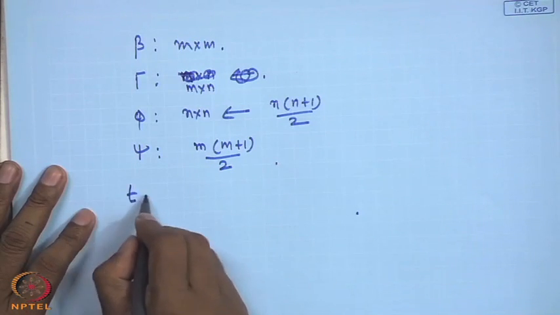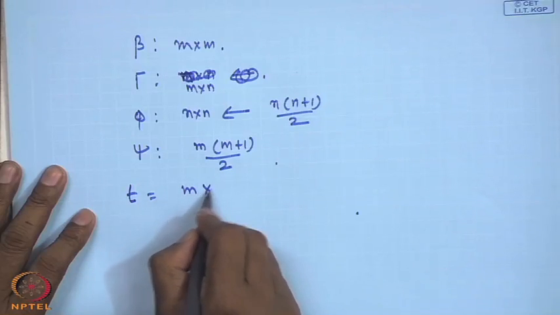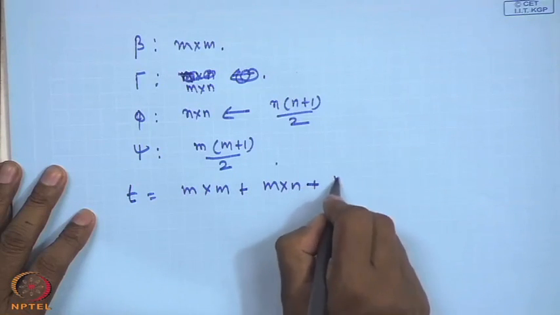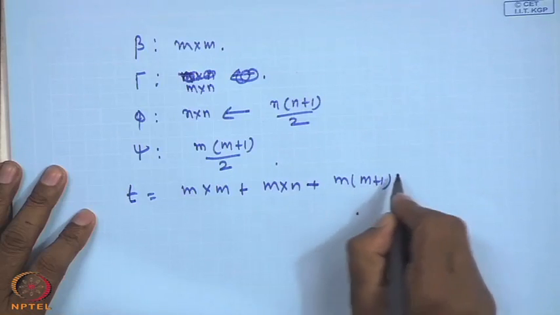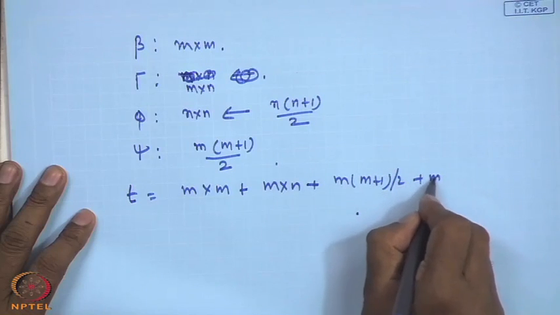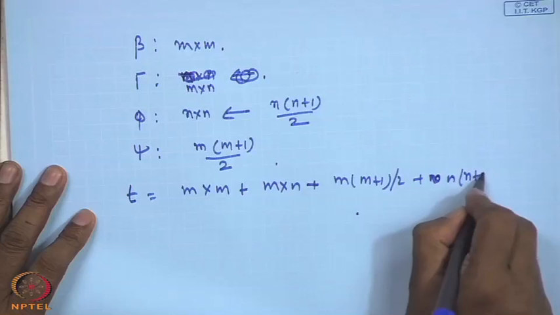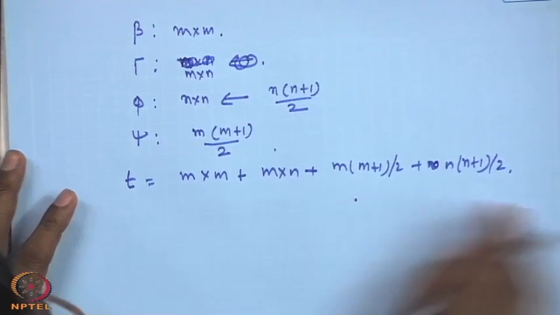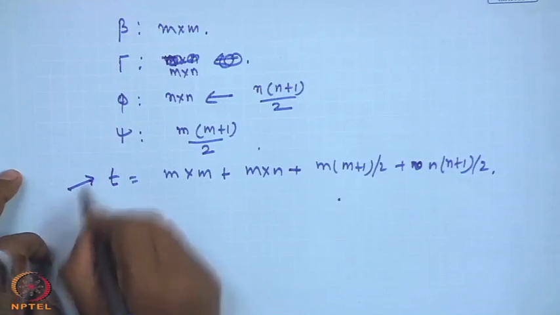So, the total number of parameters to be estimated is m into m plus m into n plus m into m plus 1 by 2 plus n into n plus 1 by 2.